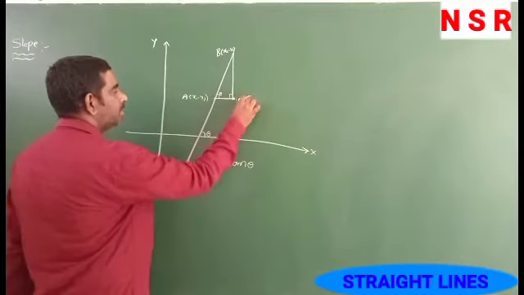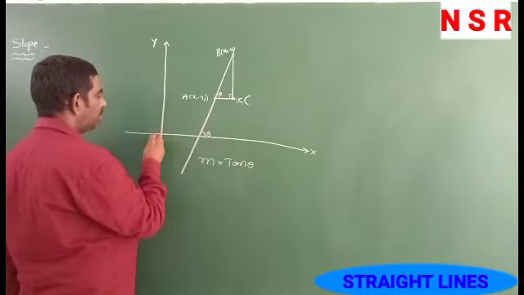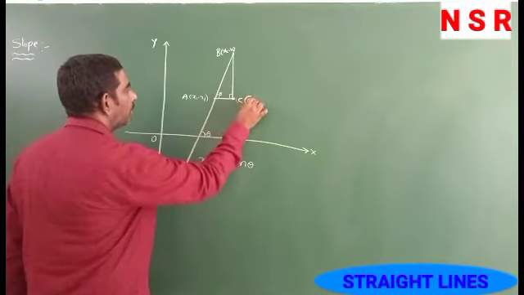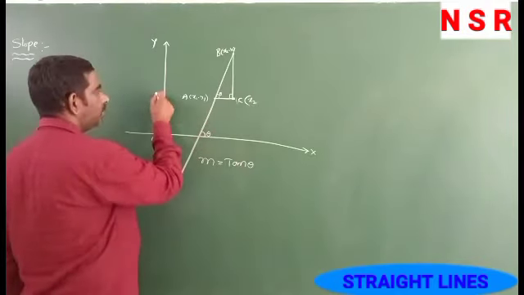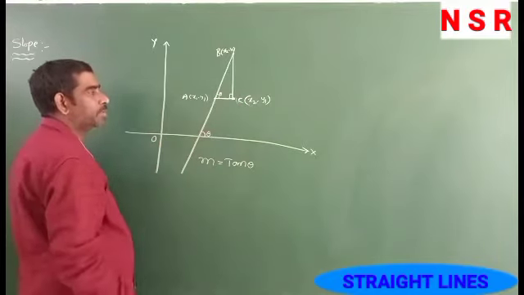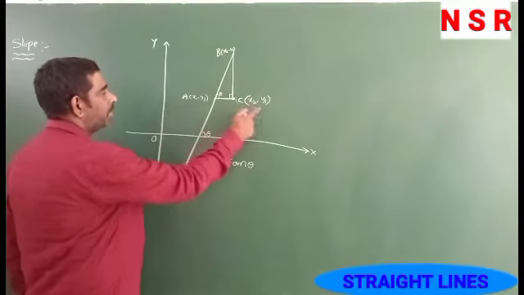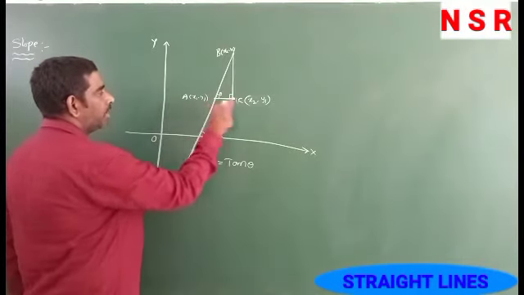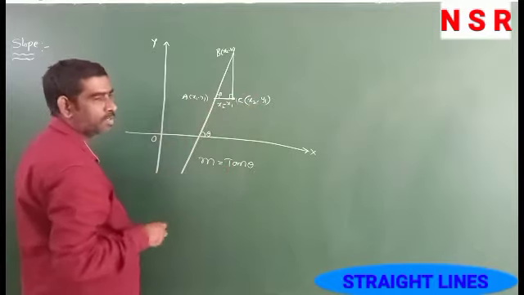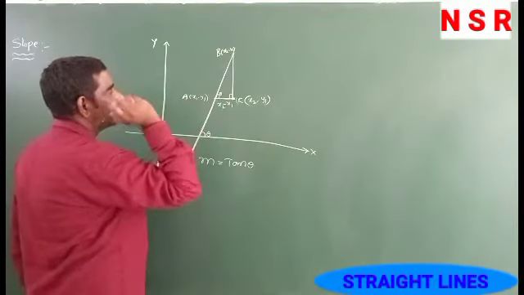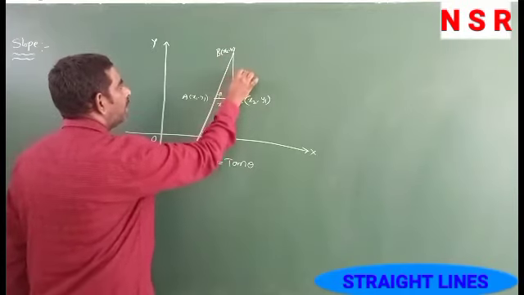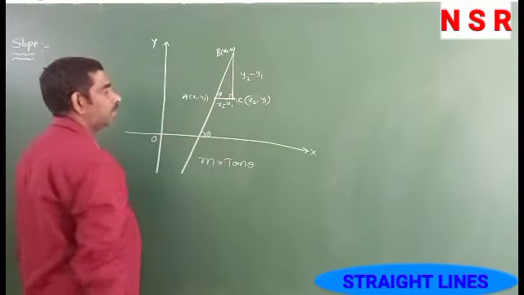Here we get point C. The distance from origin to here is x2 and the distance from origin to here is y1. So this point becomes (x2, y1). Now apply the distance between these 2 points, we get x2 minus x1, and y1 minus y1 is 0. Between the other 2 points, x2 minus x2 is 0, and we get y2 minus y1.